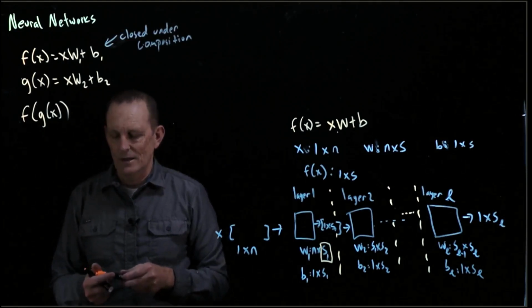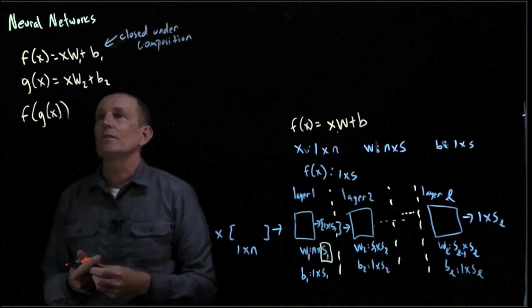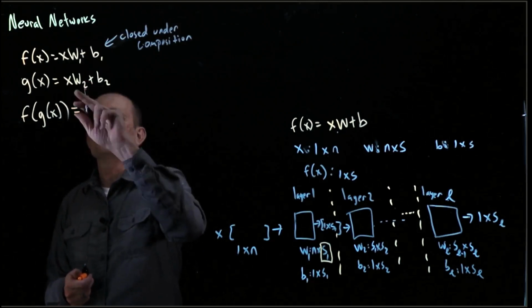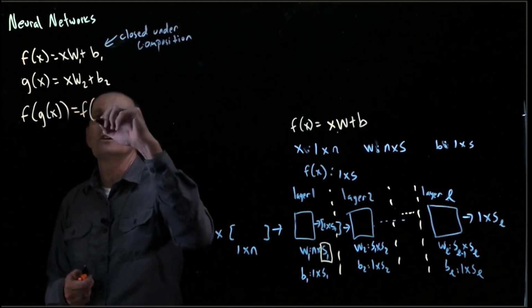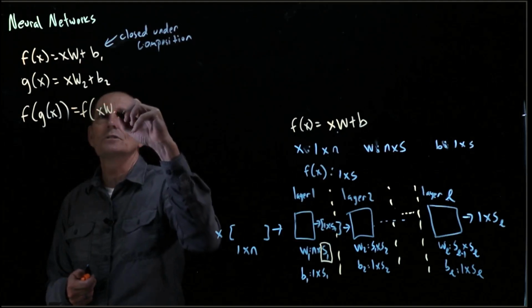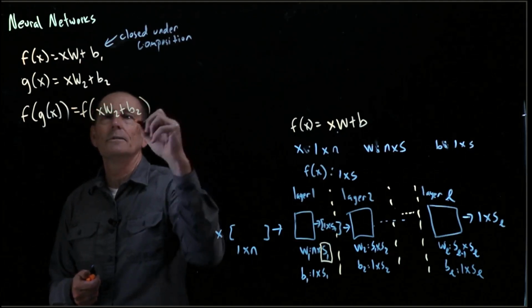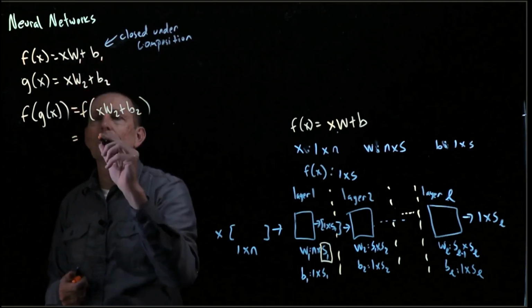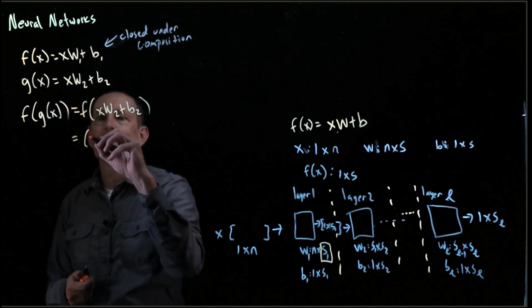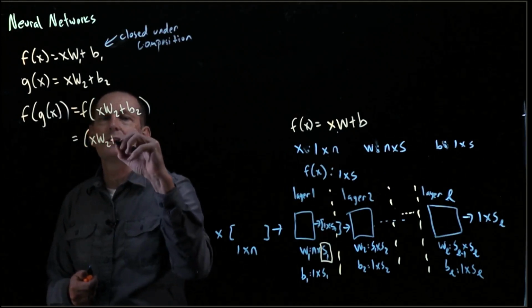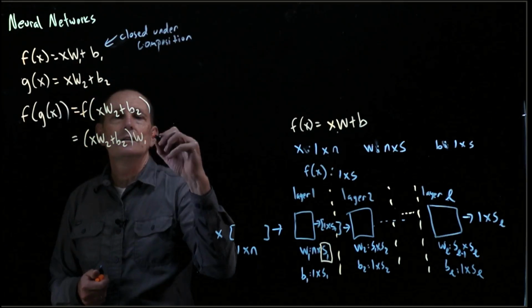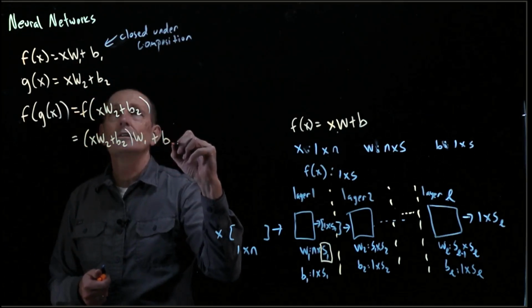But let's just go ahead and multiply this out. So f of g of x is going to be equal to f of xw2 plus b2, and so f of this equals, so this is our new x, xw2 plus b2 in here, times w1 plus b1.